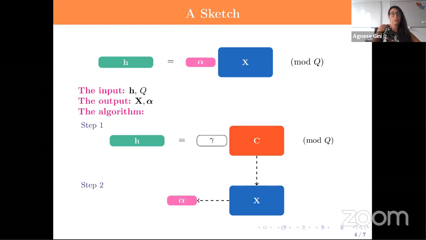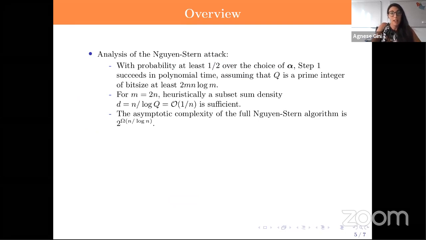We decided to maintain this structure, and I will explain why. Analyzing the Nguyen-Stern attack, we observed that the first step succeeds with good probability in polynomial time when the modulus is large enough. Instead, the second step is the bottleneck of their algorithm.